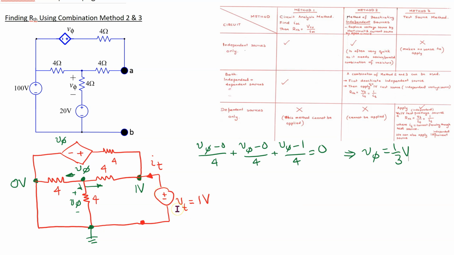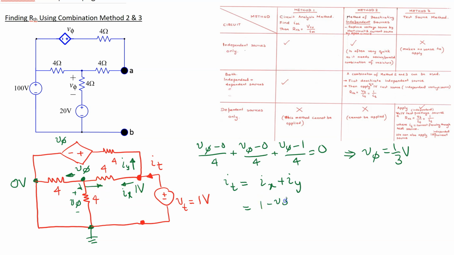In order to do that, let's define this branch current, which we can call IY, and this branch current, which we call IX. Applying Kirchhoff's current law to this node, the sum of currents entering, IT, is equal to the sum of currents leaving, which is IX plus IY. And these branch currents can be written because we have already found the node voltage V phi. So IX is the current flowing in this direction through the 4 ohm resistor, so this is (1 minus V phi) over 4.